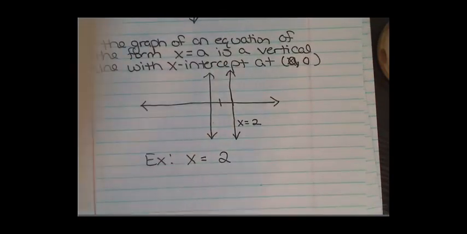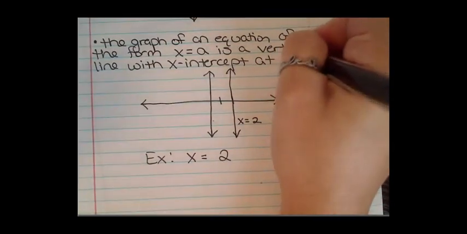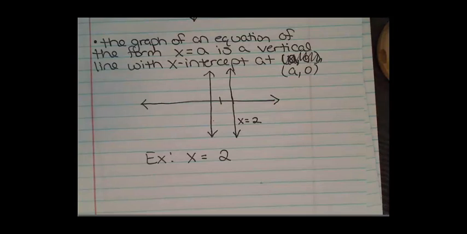Sorry, I'm trying to keep that straight for you. It says the graph of an equation of the form x equals a is a vertical line with x-intercept at (a, 0). That's kind of sloppy. Let me rewrite that. (a, 0). Okay, so this one's really similar.